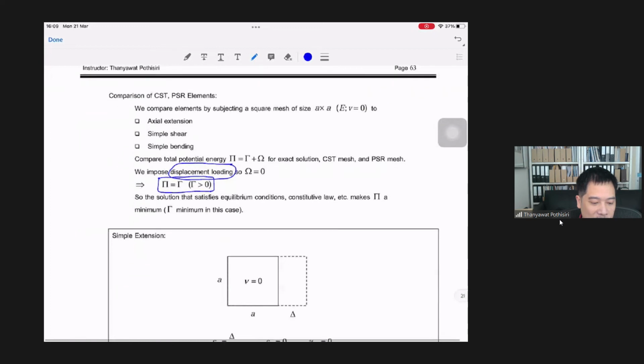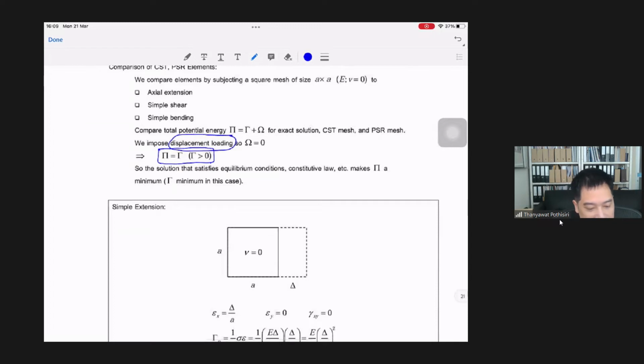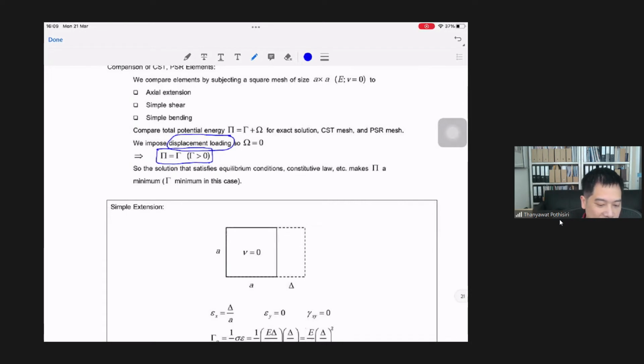So we would first look at this problem of simple extension. Simple extension means that if you have a body like this, if you have a square, you basically extend the square in one direction. So this is called simple extension. Now, for actual materials where you have a Poisson's ratio, when you try to extend the material in one direction, it would contract in the other direction, right?